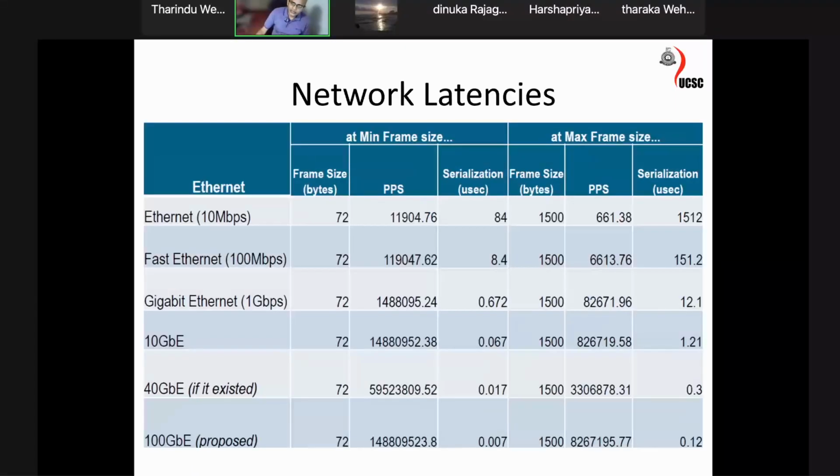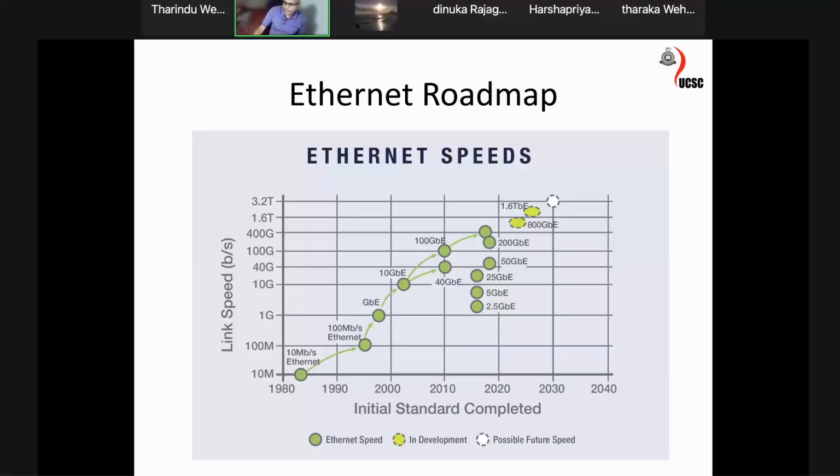Then let's discuss what Ethernet standards are available in the world. In the 1980s we were using 10 Mbps, and in the 1990s we got 100 Mbps, and then closer to 2000, we got the 1 gigabit Ethernet standard.